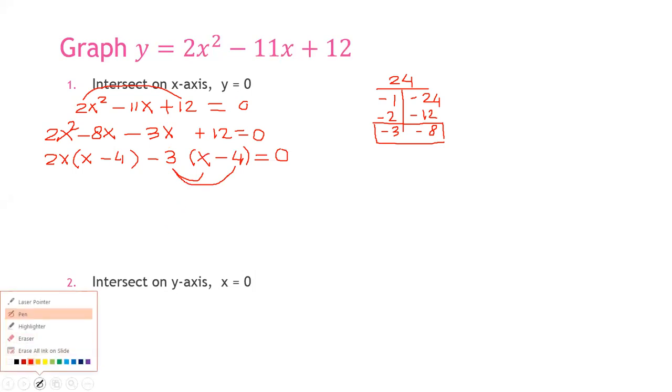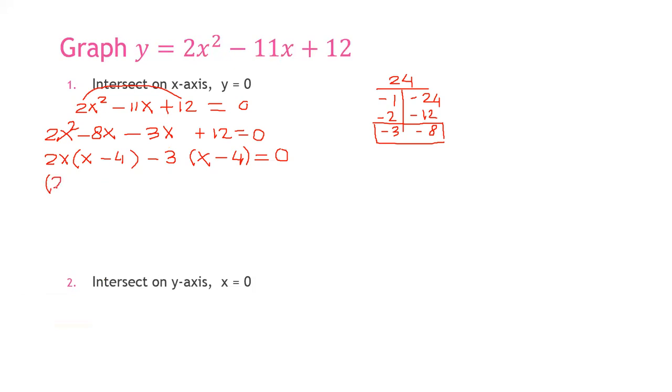All right. The next step of this factorization becomes (2x minus 3) multiplied by (x minus 4) equals 0.